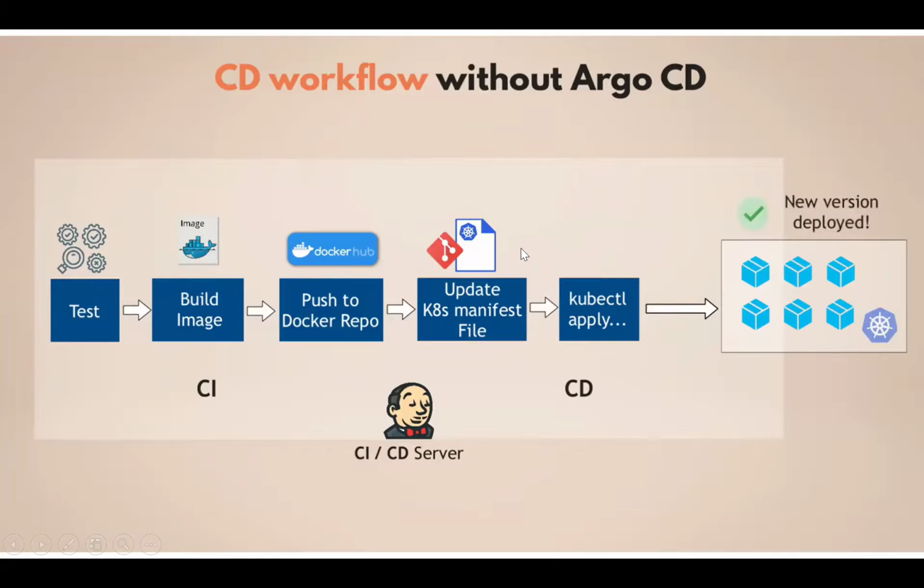A couple of questions they can ask: first of all, what are manifests, what is a manifest file? Then how do you build an image? What is the command to build the image? It is docker build -t. Remember? Yes. Okay. Then in which manifest file will you mention the container image or the application image? Deployment.